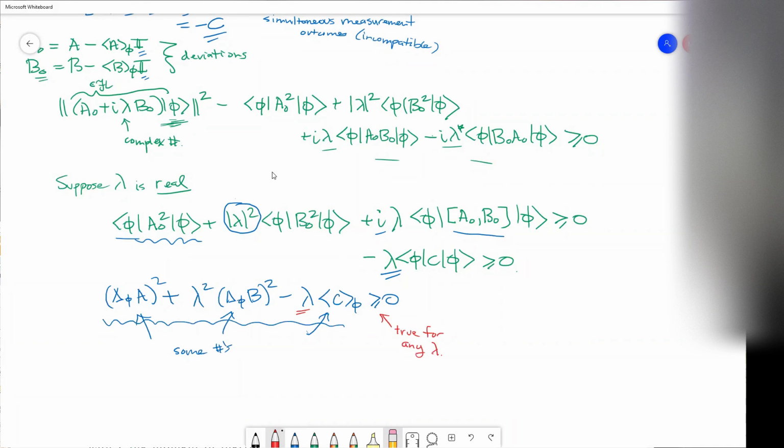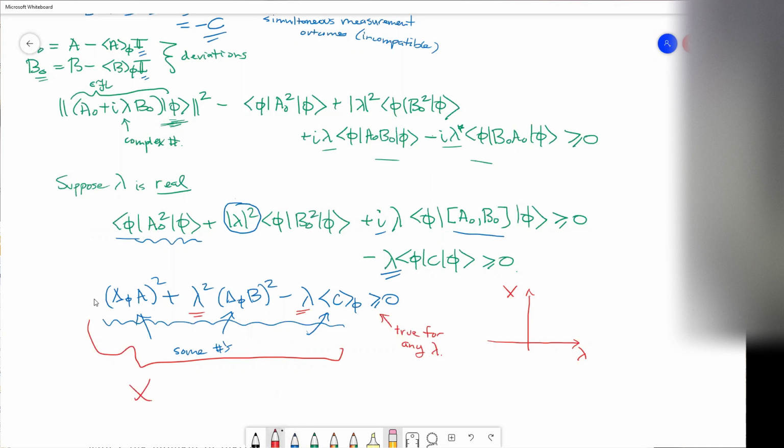If I were to plot this quantity right here, let's call this x, as a function of lambda, well, this is a quadratic in lambda, so it forms a parabola, right?